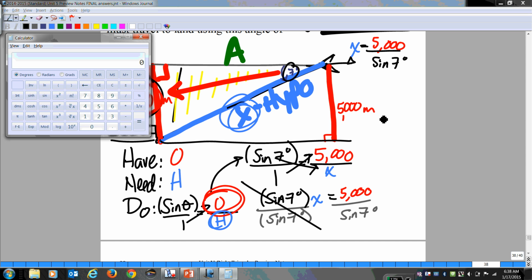You can do that on your calculator as I do it on mine, and compare our answers.